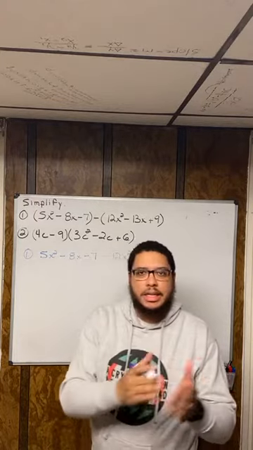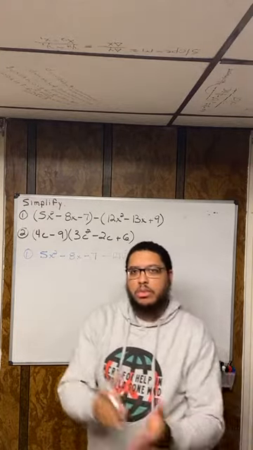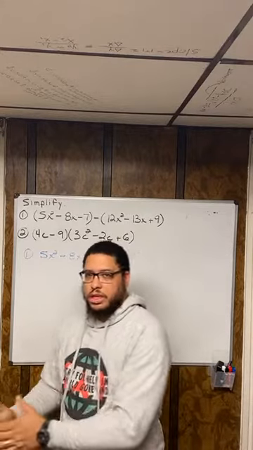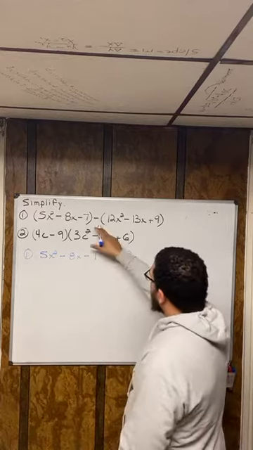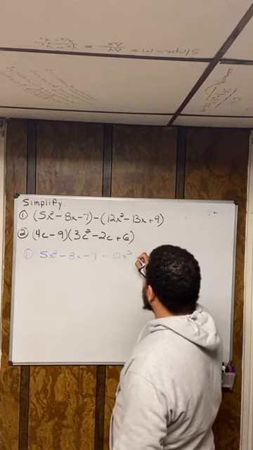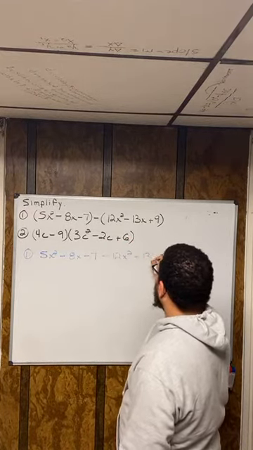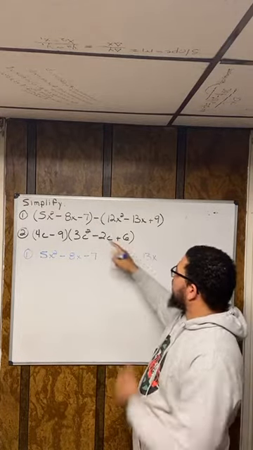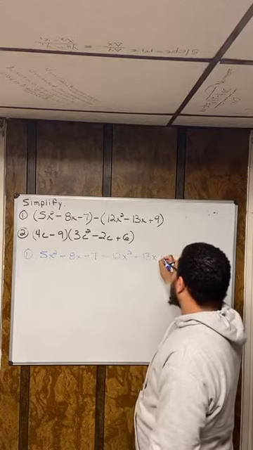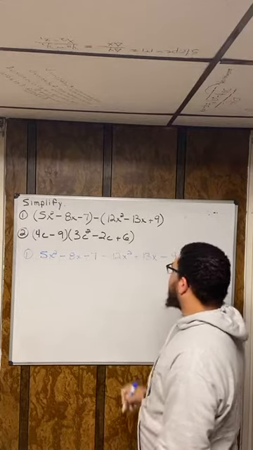Don't confuse the addition and subtraction rules with the multiplication and division rules. They're two different sets of rules. Now, negative 1 times negative 13x is positive 13x. And then this last term, negative 1 times positive 9, is negative 9, or minus 9.